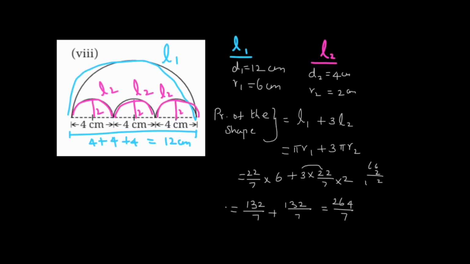Now divide 264 by 7. 3 7s are 21, remaining 54. 7 7s are 49. So 5. So the division is nothing but 37 5 by 7 centimeters. That is the perimeter of the given shape.